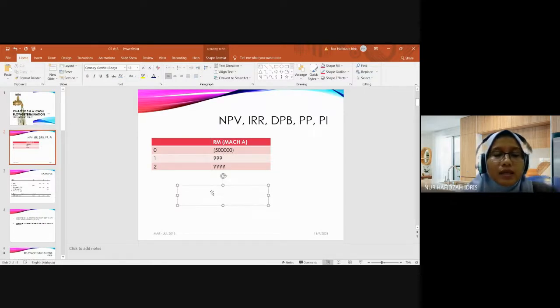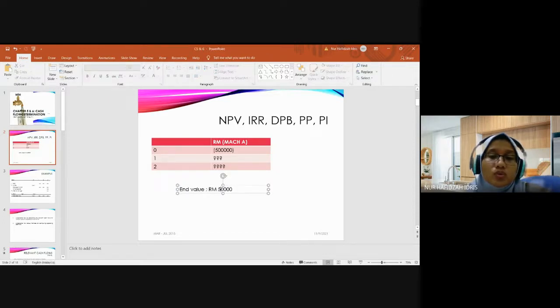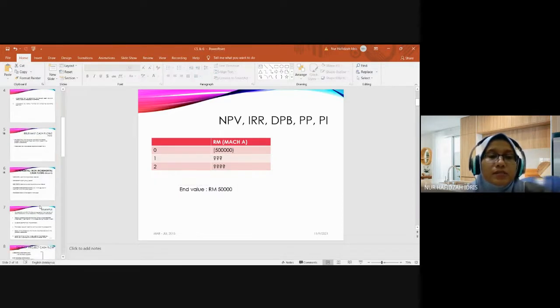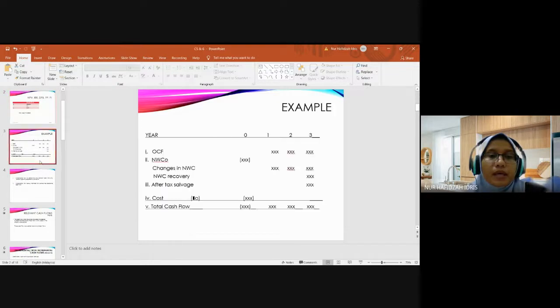At the end, end value of the machine, minta maaf lah kan, tak tahu kenapa suka sangat 50,000 sekarang. Okay, so end value of the machine is expected to be 50,000. So this 50,000 is the salvage value. Okay, so this salvage value, kita kena bagi tax dekat government. Sebab tu dalam ni, you kena ambil after tax salvage value.